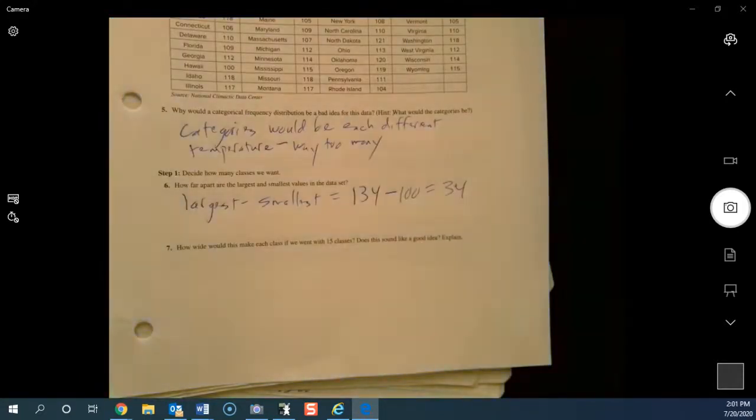Now, number 7, it says, how wide would this make each class if we went with 15 classes? Does this sound like a good idea? Now, remember, back on the previous page, we broke this up into parts.